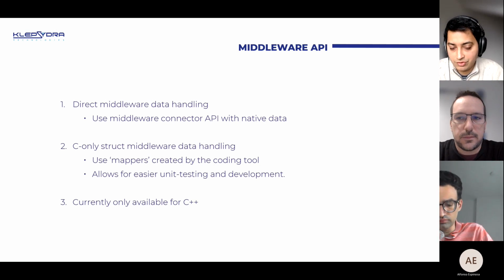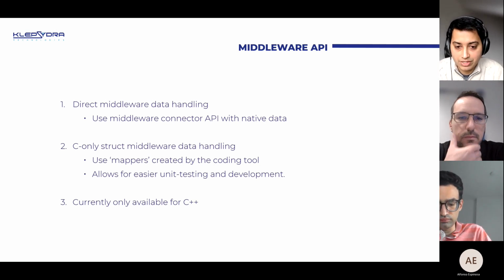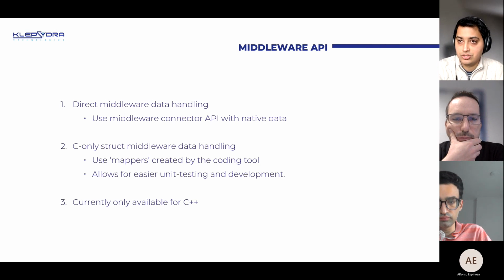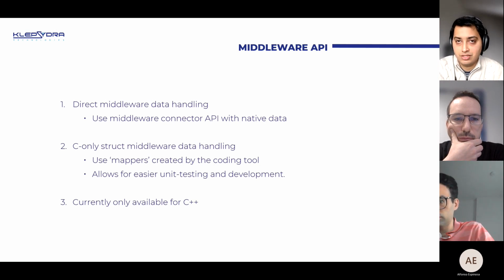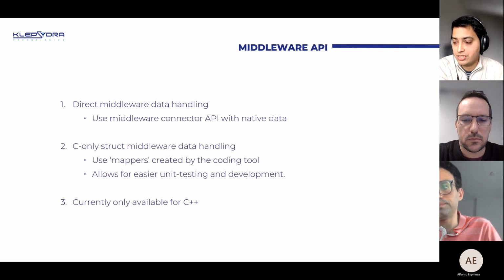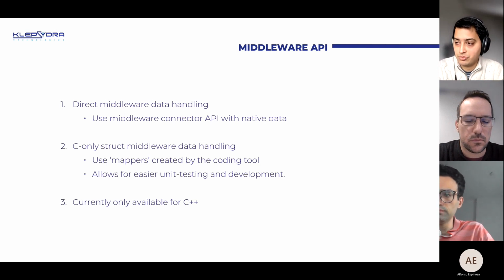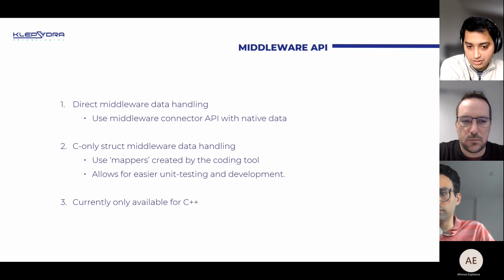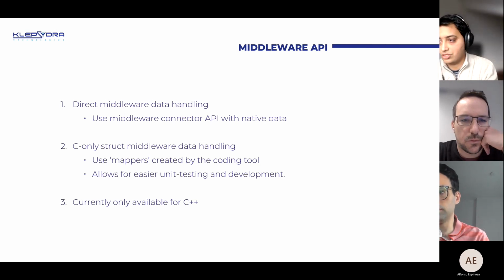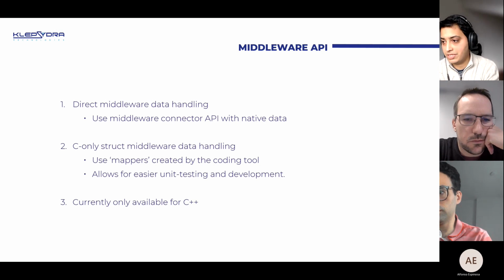The middleware API, you define if you want it for ROS or DDS, and it will create mappers. So for your classes, let's say you want to publish point cloud data, you define a YAML structure defining the point cloud data, and the mapper will map it from a C style struct to a ROS capable message or a DDS type message, and so on.